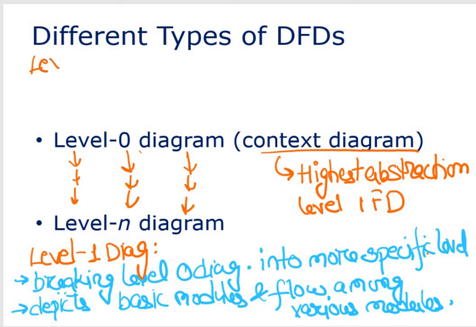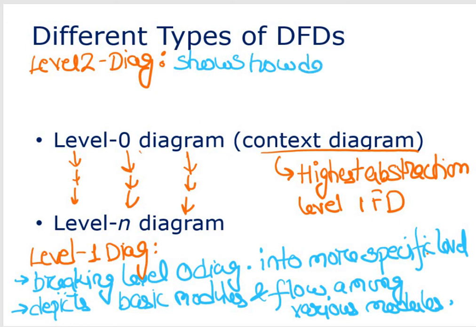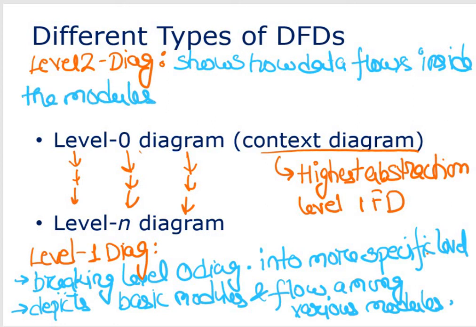So now let's talk about level 2 diagram. So your level 2 diagram shows how data flows inside the modules mentioned in level 1.